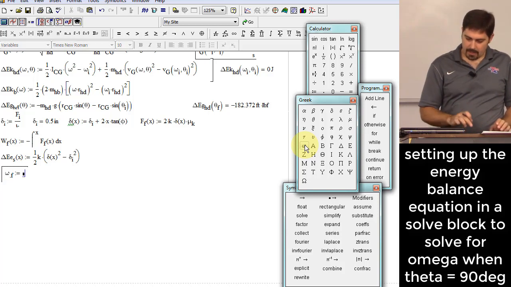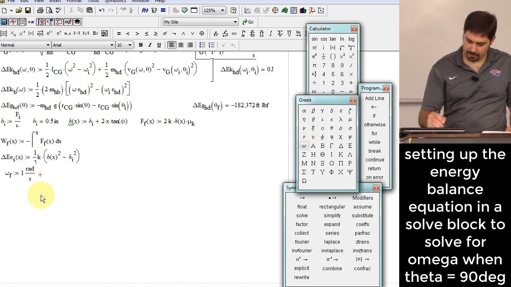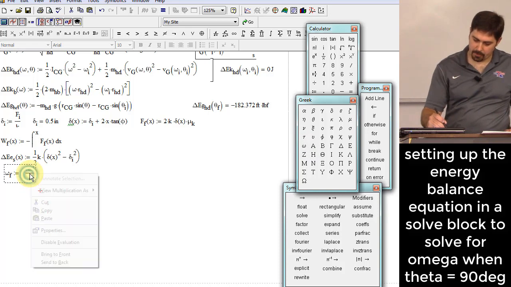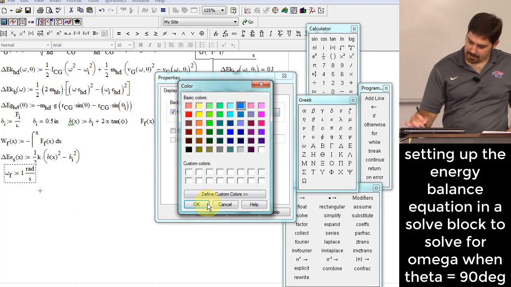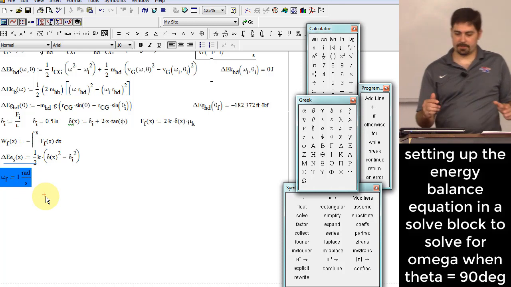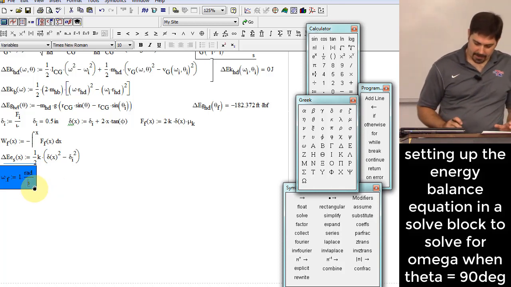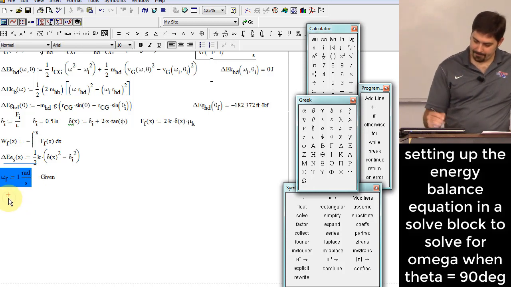Okay, and so I'm going to define this as an initial guess of just 1 radian per second. And if you've seen me do Mathcad sheets before, I usually make some sort of an indication to myself that that is an initial guess. I use a particular color to help me with that. Then I type the word given.